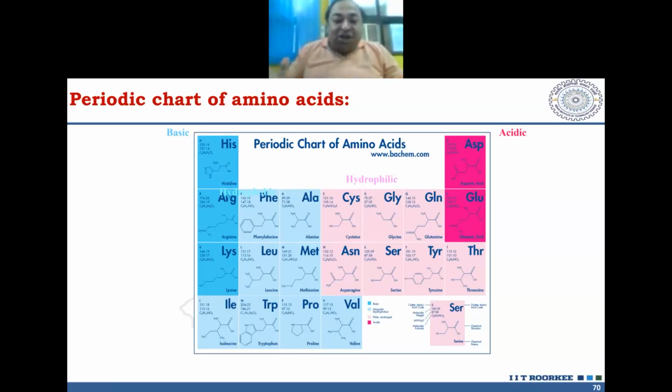They are histidine, arginine, lysine, isoleucine, phenylalanine, leucine, tryptophan, alanine, methionine, proline, cysteine, asparagine, valine, glycine, serine, glutamine, tyrosine, aspartic acid, glutamic acid, and threonine. So these are the 20 amino acids which builds up the most essential and most fundamental functional biological macromolecule, which is called protein.